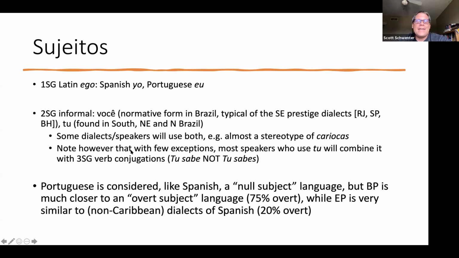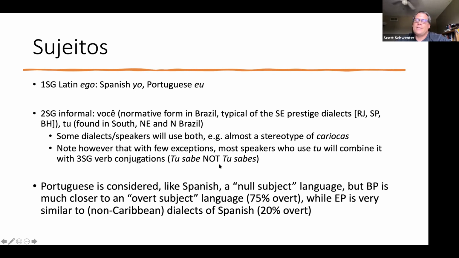The important thing to know, though, is that most speakers who use the tú pronoun will combine it with third singular verb conjugation. So they'll use the same verb conjugation that they use for você with tú. So just like in Spanish, the normative, the prescriptive grammar conjugation for tú and saber would be tú sabes.